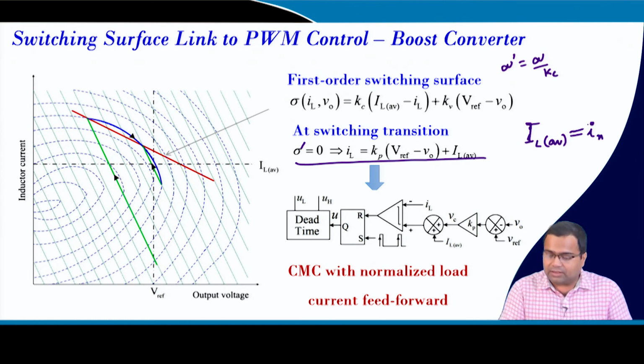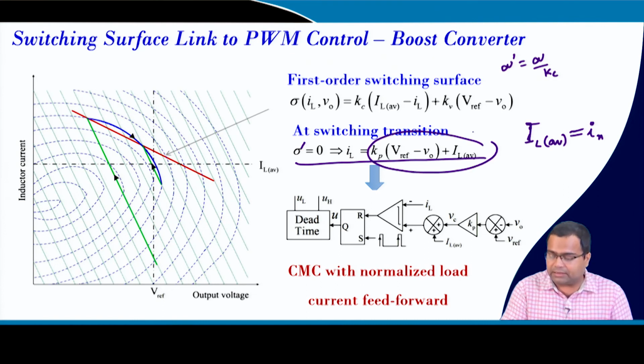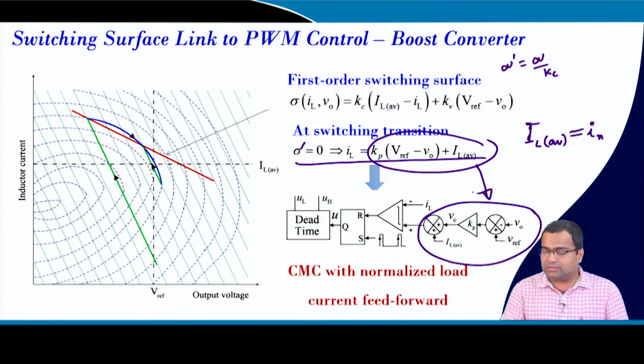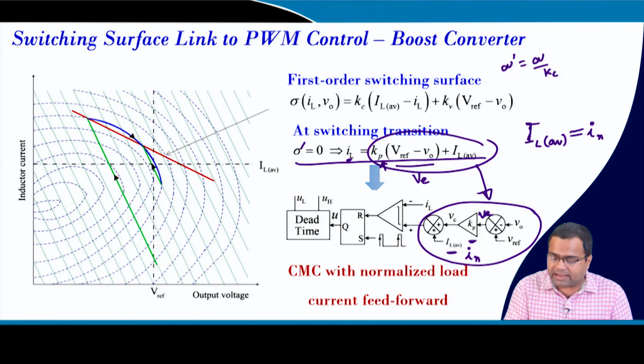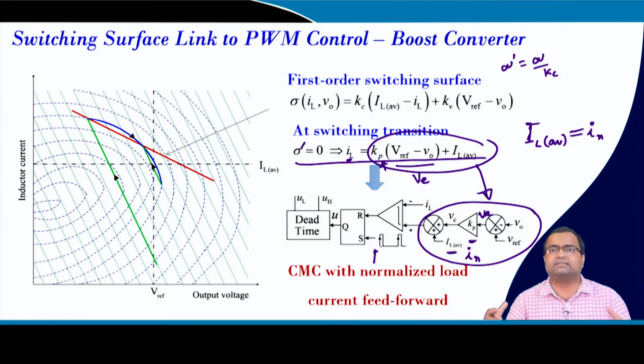And if at the switching transition it is 0, that means this whole part is nothing but this part, which looks like a proportional gain into error voltage. So, this is my error voltage into proportional gain, and that is added with the normalized load current, which is my IN, and the whole thing is subtracted from IL, because at the transition it is a comparator, and that can be linked to a PWM modulator, or we can use many other types of modulator, and that we are going to discuss in the subsequent lecture.